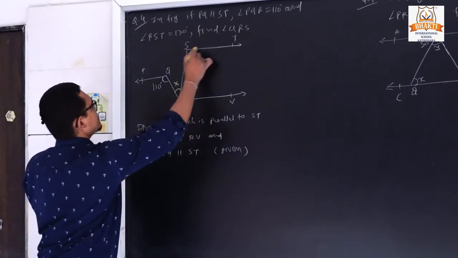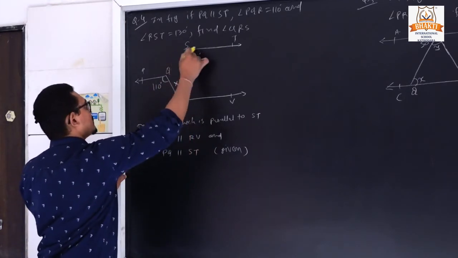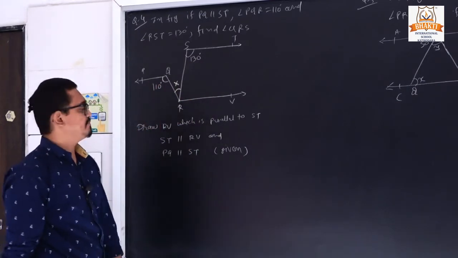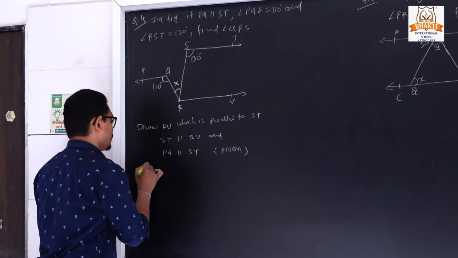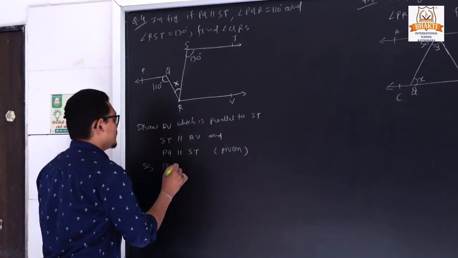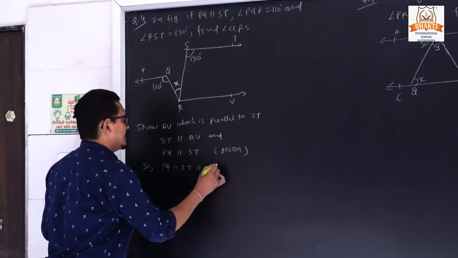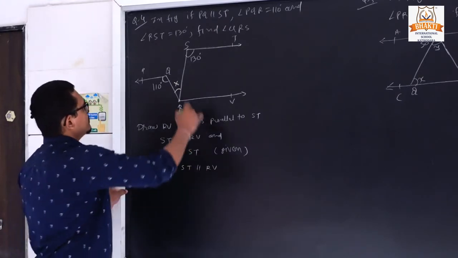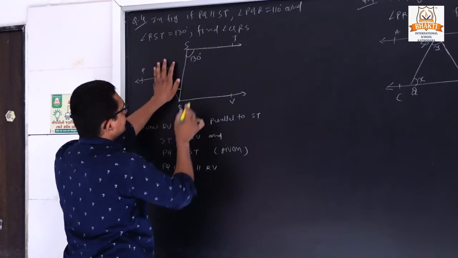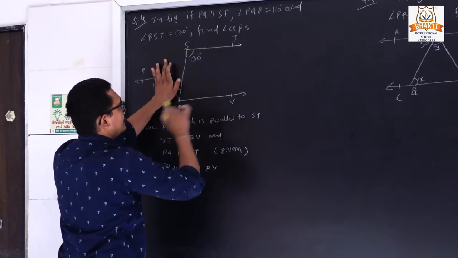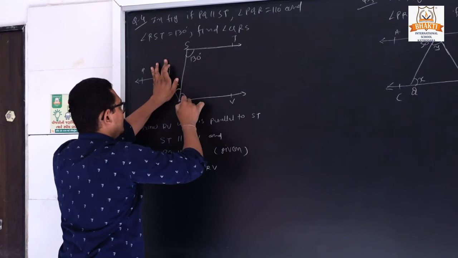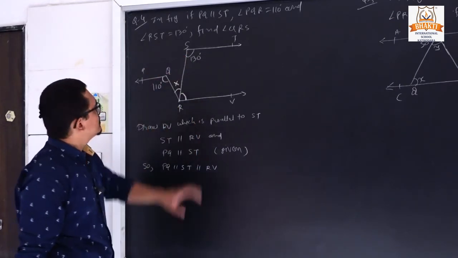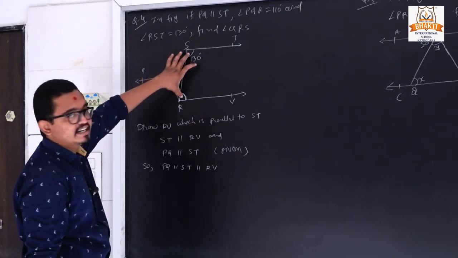So these lines, these both are parallel, and these are also parallel. So we can write PQ parallel with ST parallel with RV. Now suppose we forget all this other part. So here we have this part. These both angles, their sum is known as co-interior angles. The sum of co-interior angles is 180 degrees.